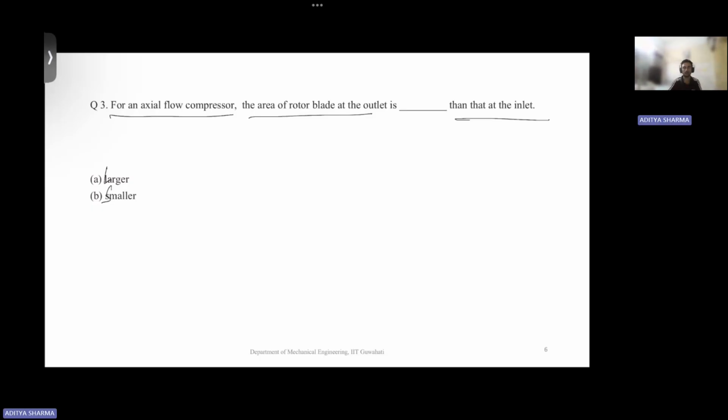What will be the right answer to this question? In your axial flow compressor, your rotor blades act as diffusers. Diffusers mean your inlet area will be less and your outlet area will be greater. So the area at the outlet is larger than that at the inlet.